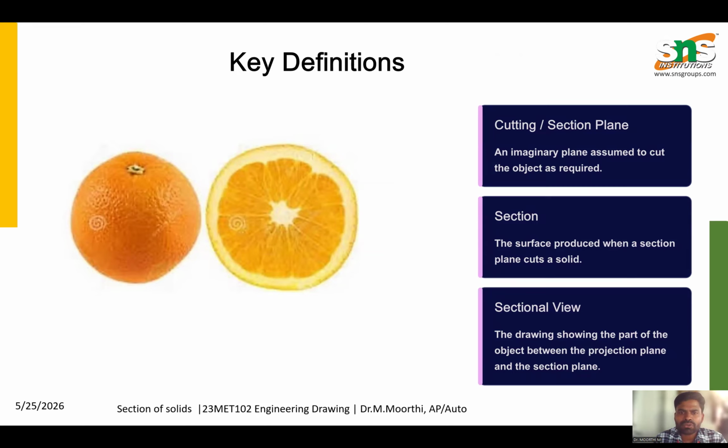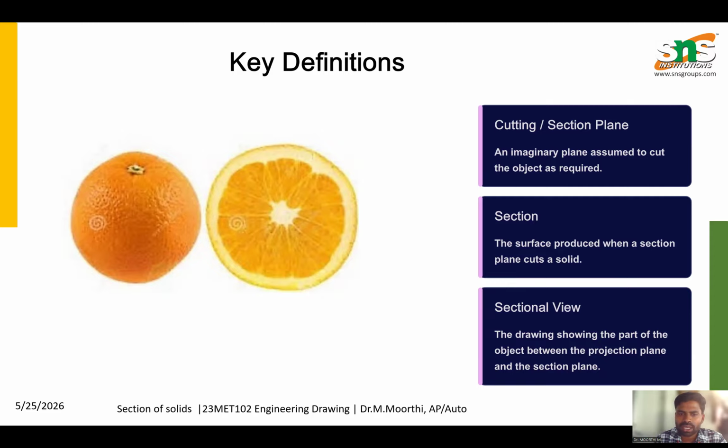What is the use of section of solids? If you want to know the interior property of a particular object, we should know how to visualize the interior or inner properties. For that case, we have to use the section of solids.